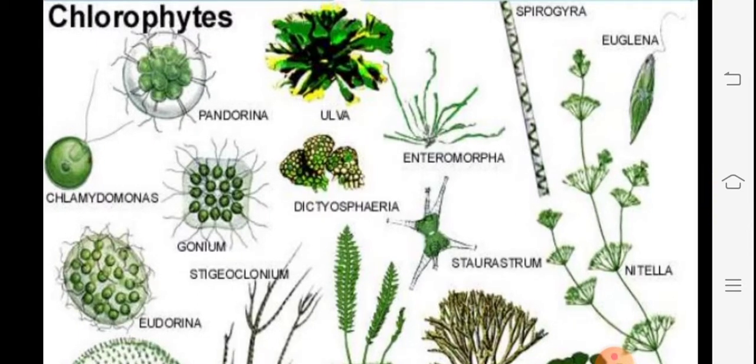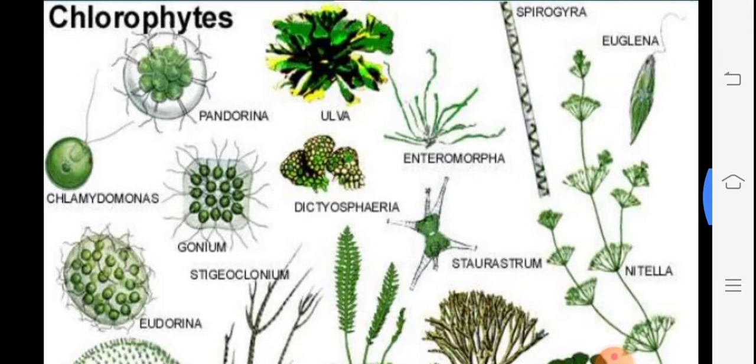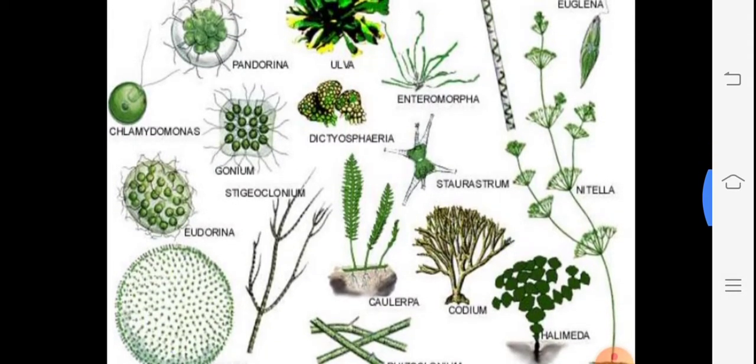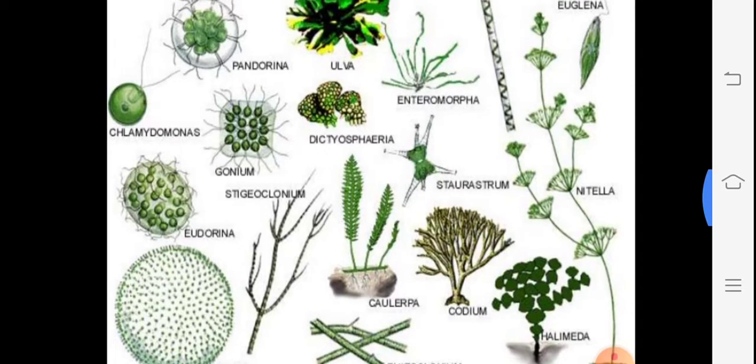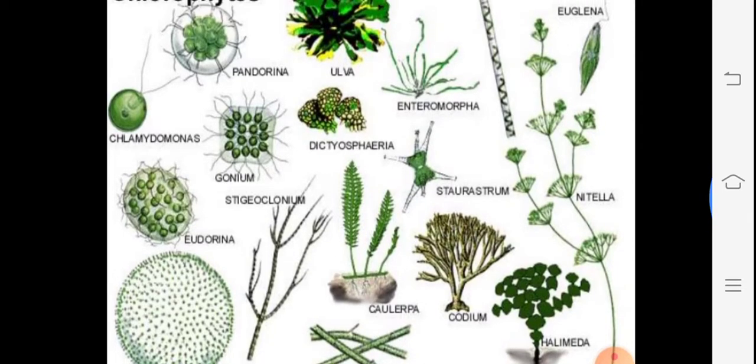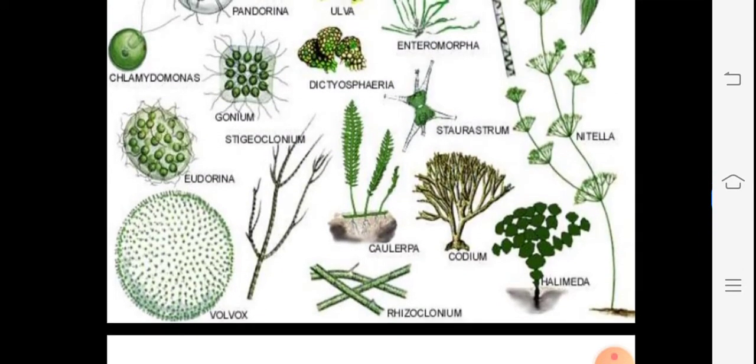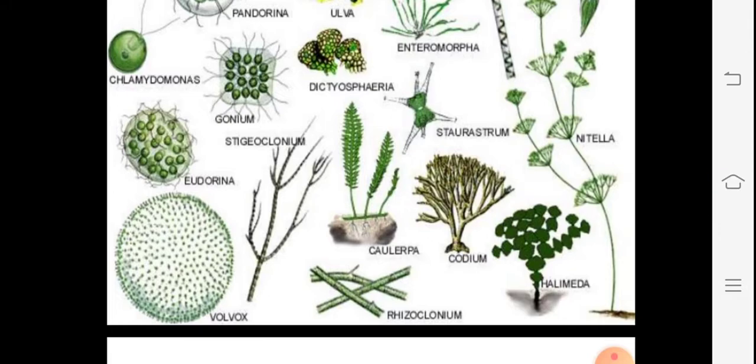Then Chlamydomonas, Gonium, Dictyosphaeria, Enteromorpha, which is also marine, then Eudorina, Staurastrum, and Nitella. Nitella is allied to Chara, the second genus, Chara and Nitella. Then Halimeda, Codium, Caulerpa, Rhizoclonium, filamentous and hollow. So remember some names of the genera.